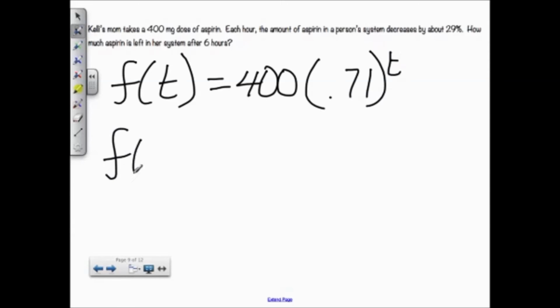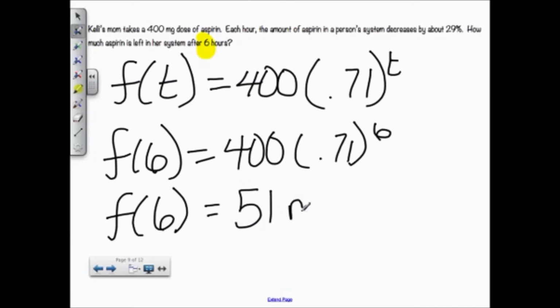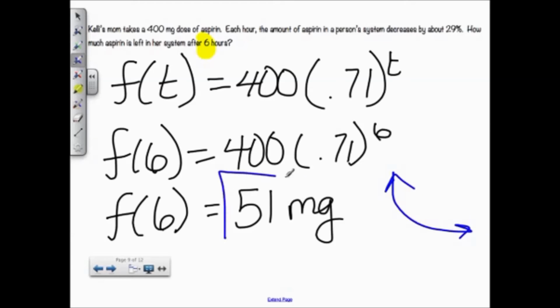So I'm going to figure out what f of 6 is because it asks you after 6 hours. Okay, so it's 400 multiplied by 0.71 raised to the 6th power. Go ahead and plug that into your calculator, and you will see that after 6 hours, it goes from a whopping 400 milligrams to just 51 milligrams because, again, it decreases pretty fast at first, and then it starts to taper off, level off. Okay, so your answer to this question is 51 milligrams.